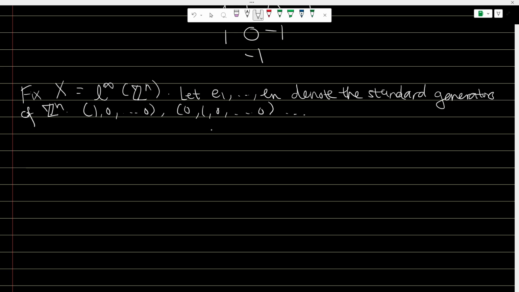And then there's going to be a translation operator. Let's just start with an arbitrary group element.